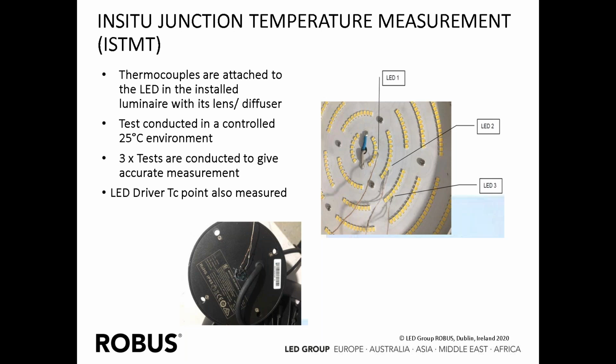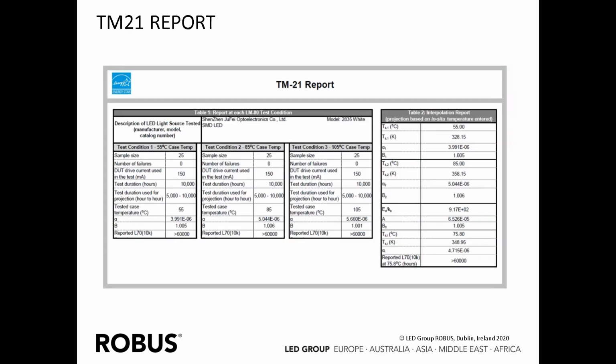So you can see there's 3 LEDs there, and they have the probes attached to them in order to measure that junction temperature. The LED driver TC point is also measured, and that's measured at the point on the driver that the driver manufacturer, whoever that might be, suggests is the ideal place to measure that temperature. And then from that, we get the TM21 report.